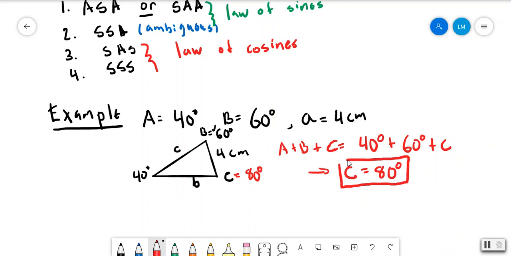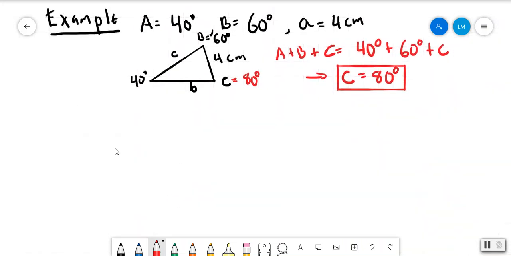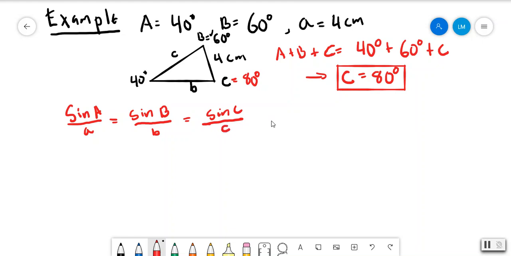Now, if we want to find the other missing sides, all we need to do is apply our formula. The formula states that sine of A over little a is equal to sine of B over b, and this equals sine of C over little c. Now, I'm going to try to find side b.